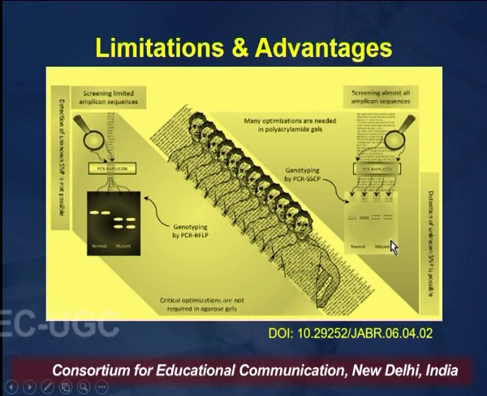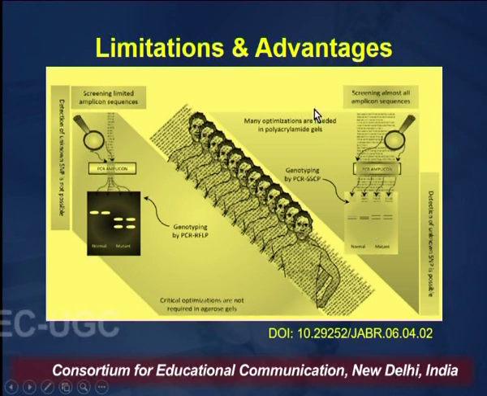However, the difference in their running on the gel requires a lot of optimization. The gels have to be non-denaturing, neutral gels, so that they retain the conformation that the single strand fragments take up, so that they can be differentiated on the gels when they are run.